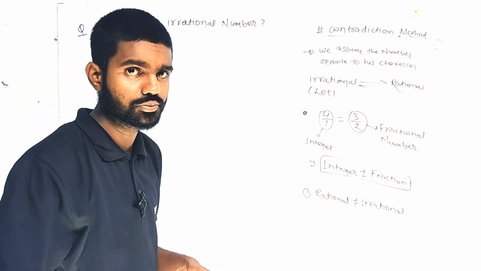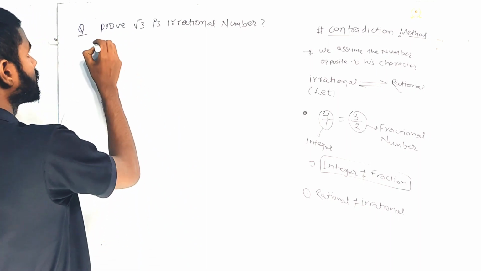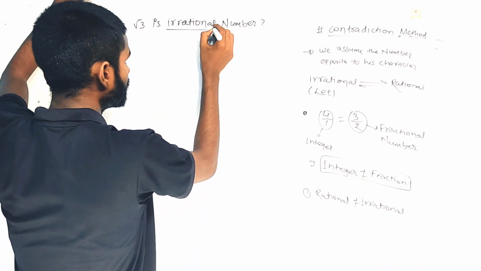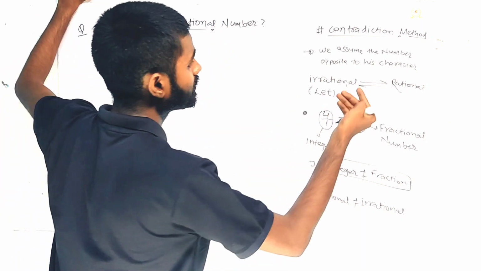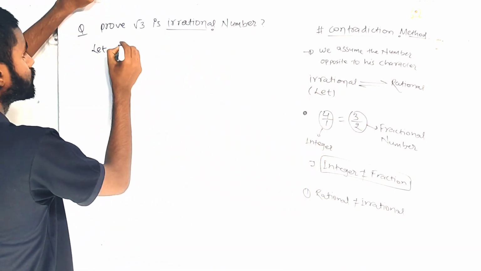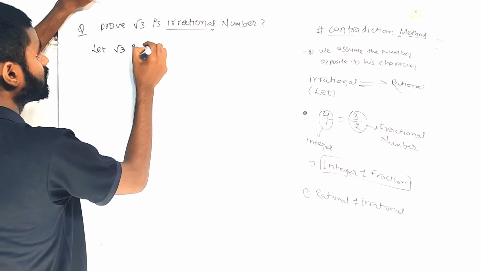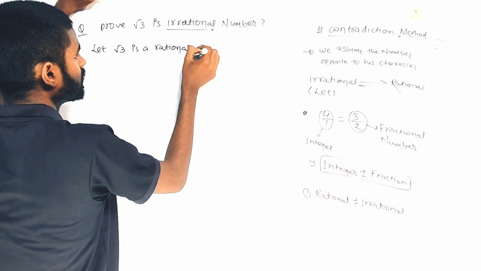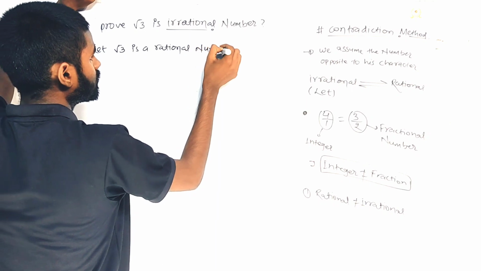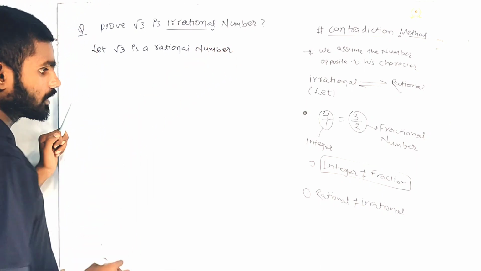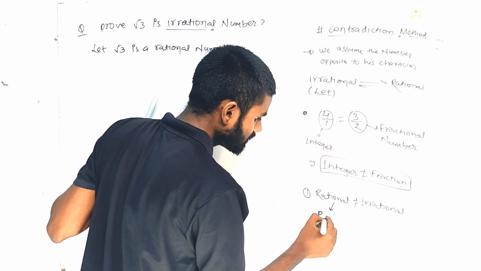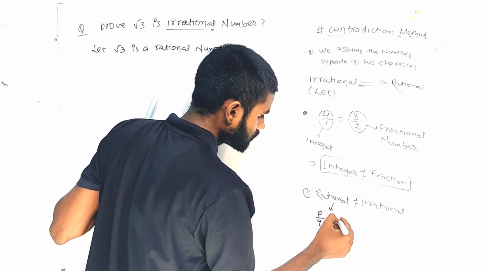So let's get to proving this. Let root 3 be a rational number, because if it is irrational, then we have to let it be rational. Okay? And if you know, a rational number is always written as p by q, where q is not equal to 0.